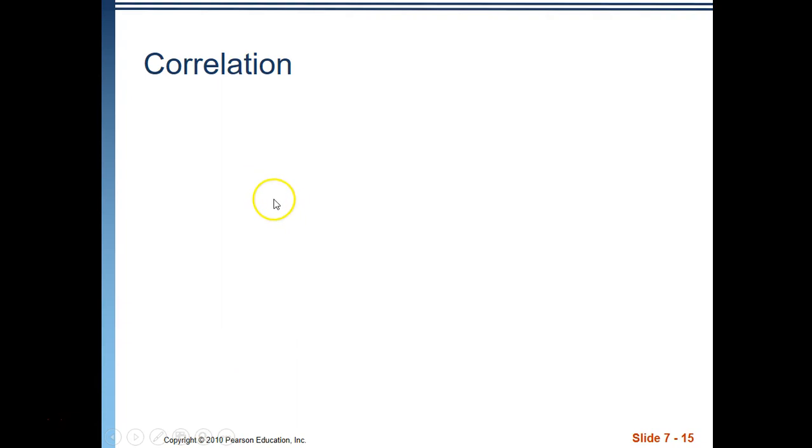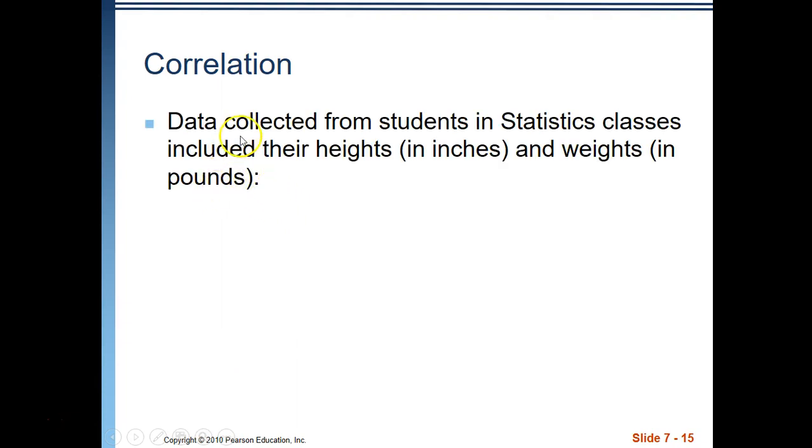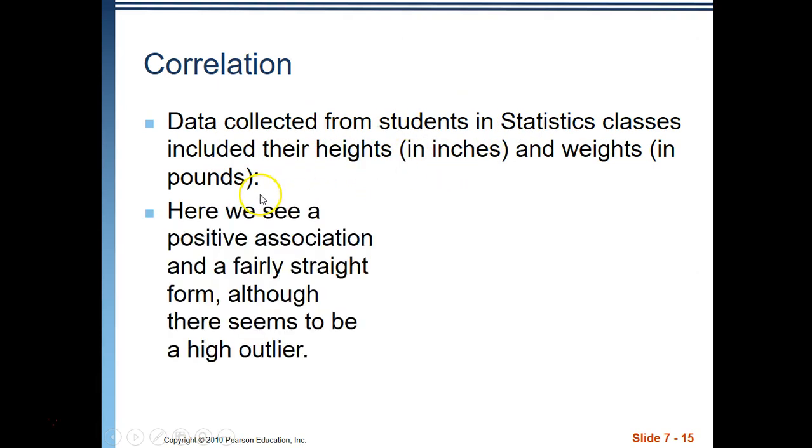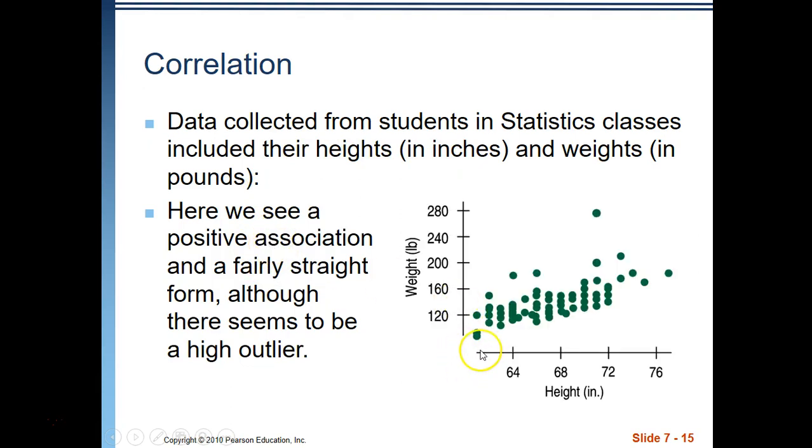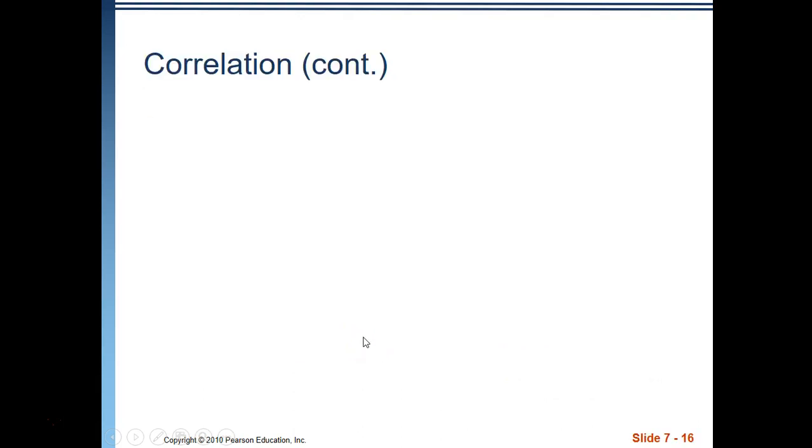Okay? Next up is correlation, and data collected from students in statistics classes included their heights in inches and their weights. And here we see a positive association, basically saying that it seems like as the height of people increases, so does their weight. And you have these outliers that tend to happen as well. All right, so for the most part it appears that way, other than that one outlier.